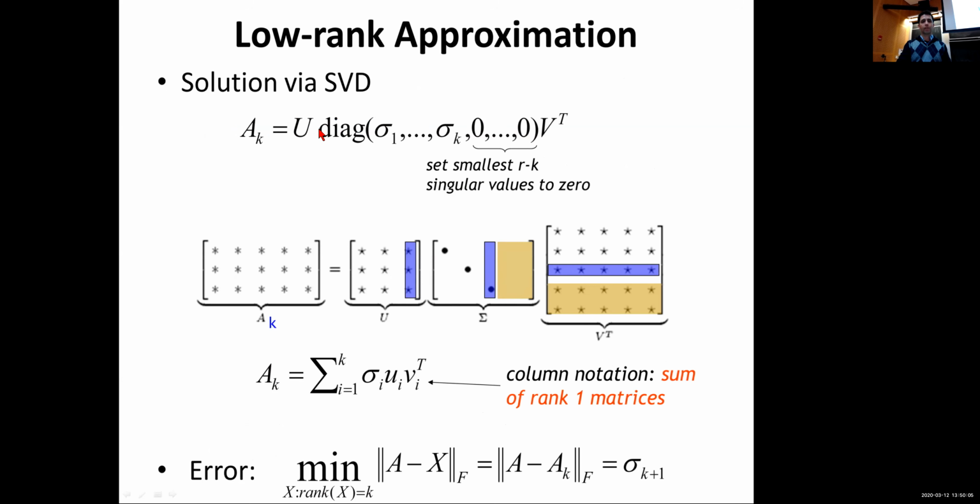So I have the same U here, which I get from the AA transpose eigenvectors, the same V here, which I get from the A transpose A eigenvectors, and then all of the singular values, which you can obtain from these eigenvalues. And then I just zero out the smallest ones, and that gives me the exact minimization.